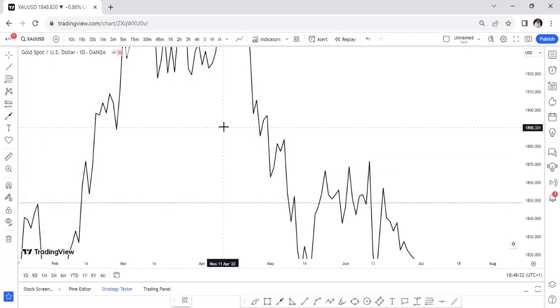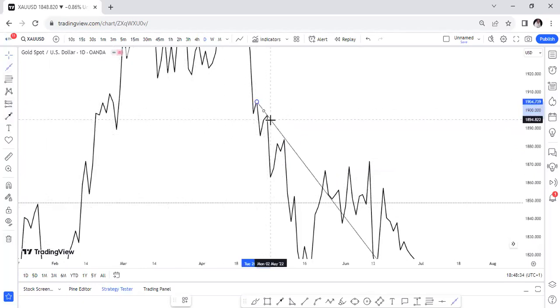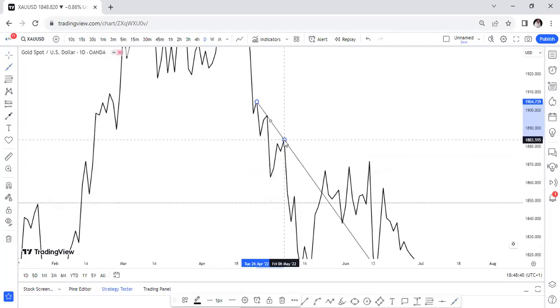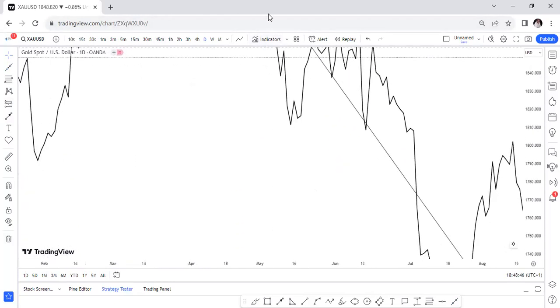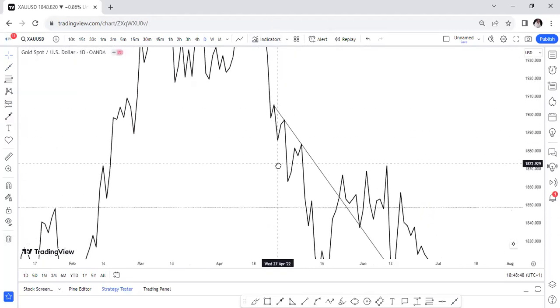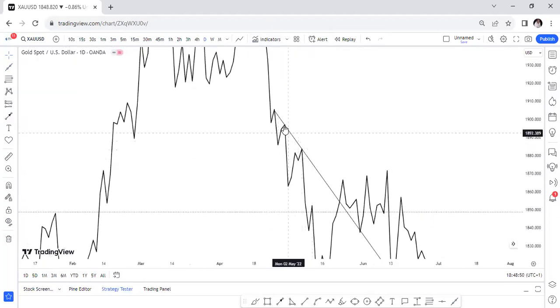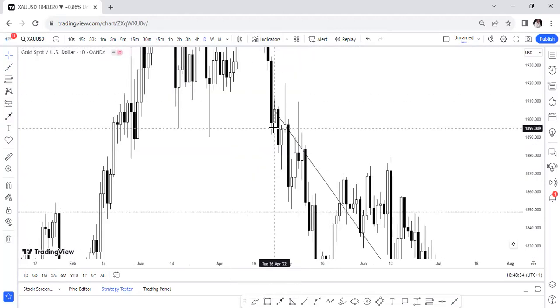1, 2, 3. So if we want to sell here, let's look if we get this in there.